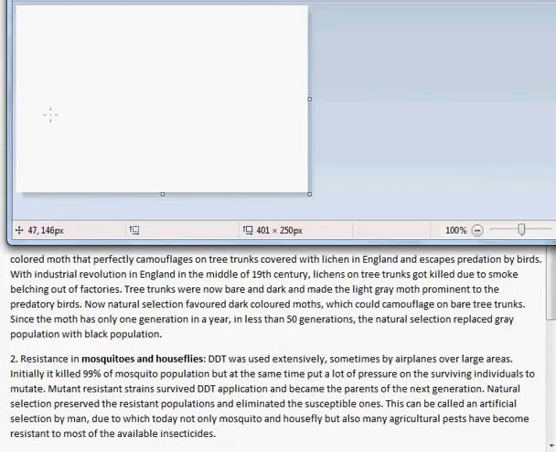So we had these plants which the moth, okay, the moth are grey in color. We know that, right? They're grey in color.